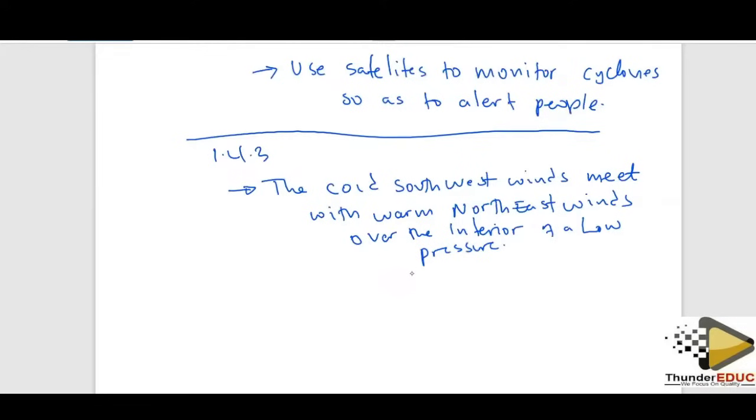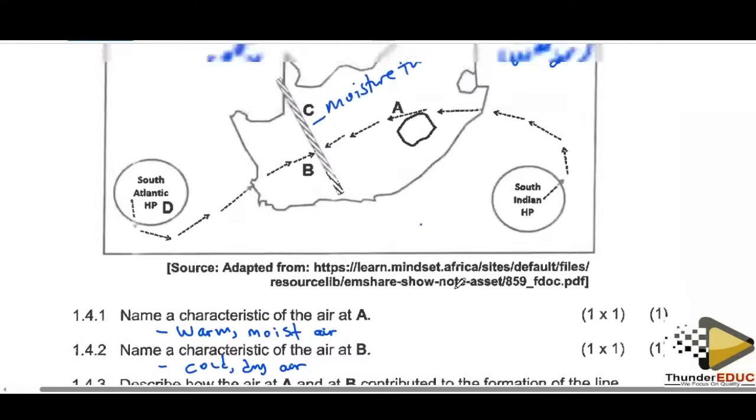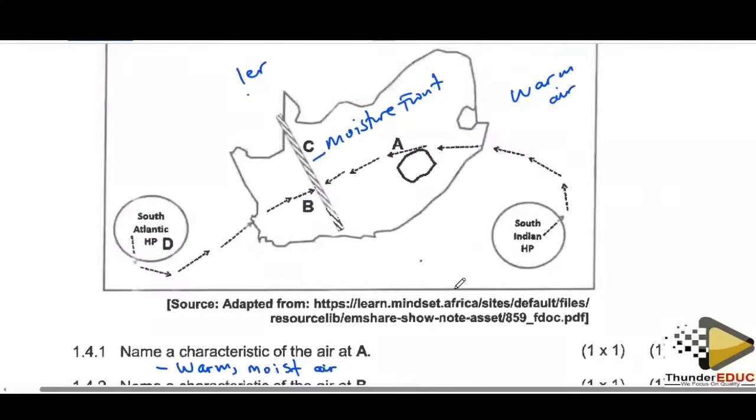Okay, let me go back to the diagram to show you this, because we are saying the southwest cold winds. These winds are going to be referred to as southwest. Remember, why are we referring to them as southwest winds? Because of the direction or the pattern of the direction where they are originating.